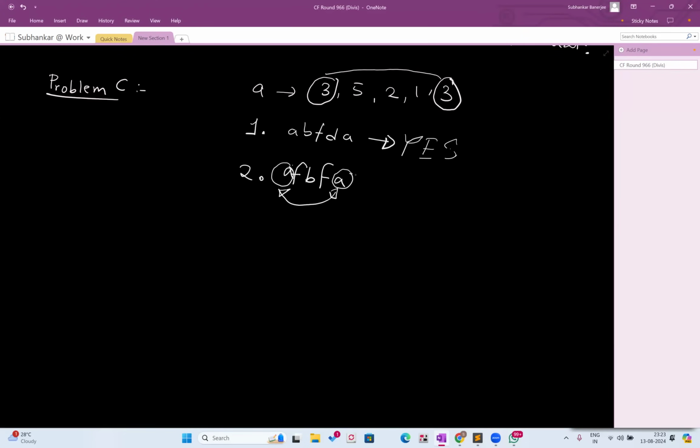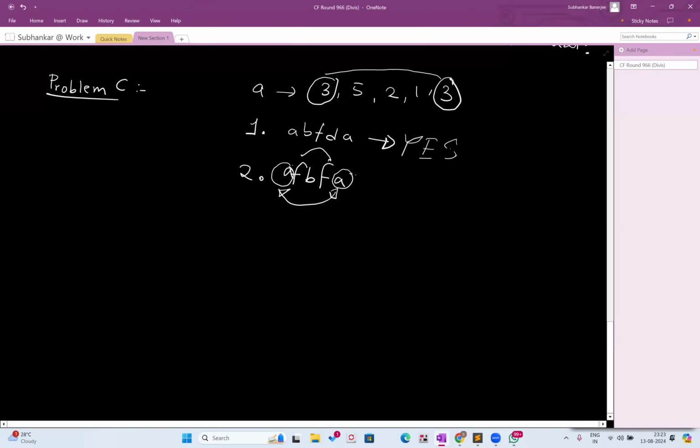But here, observe that this f is also equal to this f, and this 1 is not equal to this 5. So we do not have the same structure or the same template here. If I choose these two indexes, the string elements are equal, but not the array elements. So the answer for this will be no.